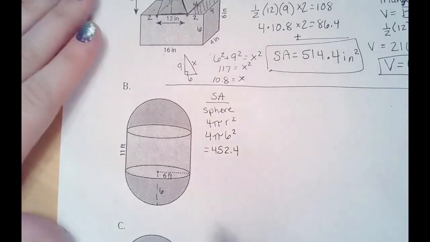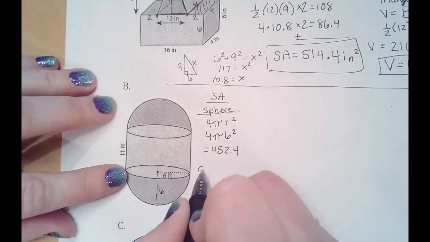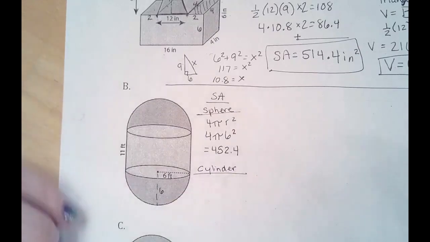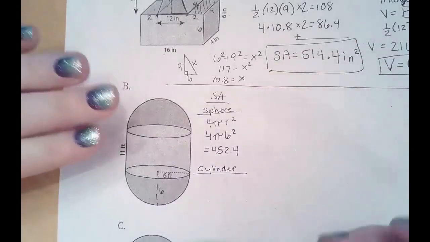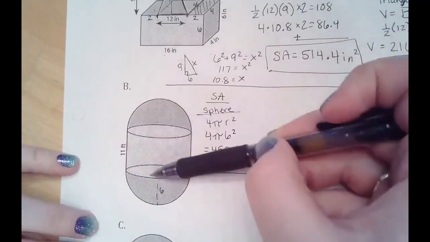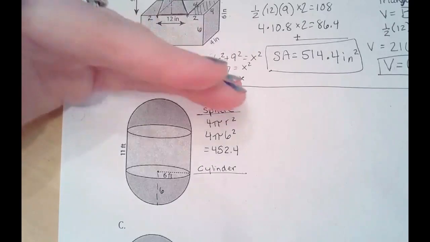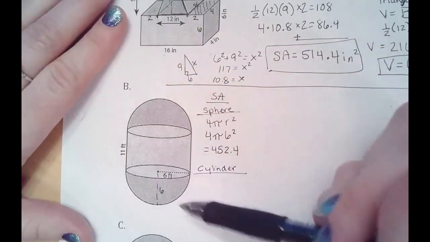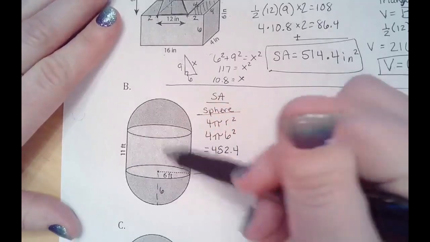All right. Then finding the surface area for our cylinder. Notice that if it was just a cylinder, I would have to use the circle on the top and the bottom. But because this cylinder is being enclosed by 2 hemispheres, the surface area for my cylinder that's showing is only the rectangle all the way around.